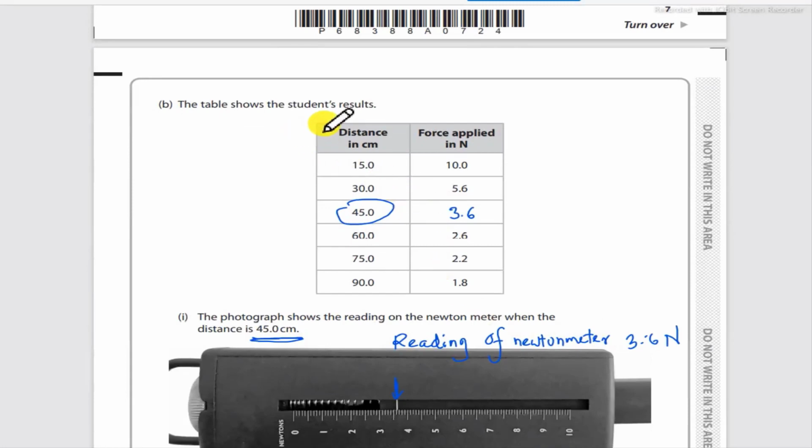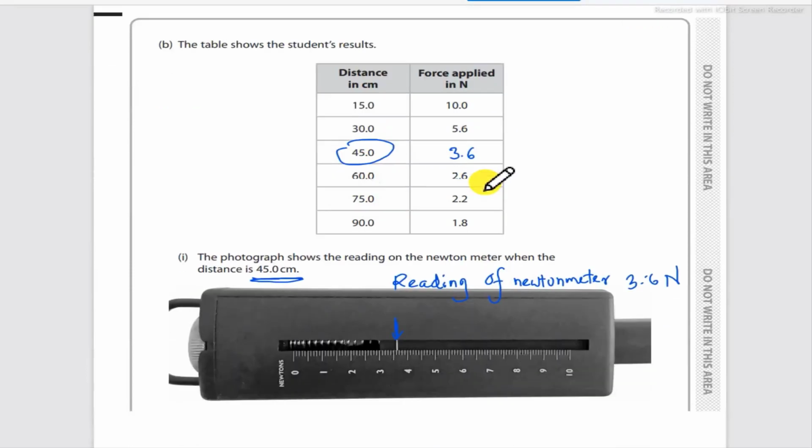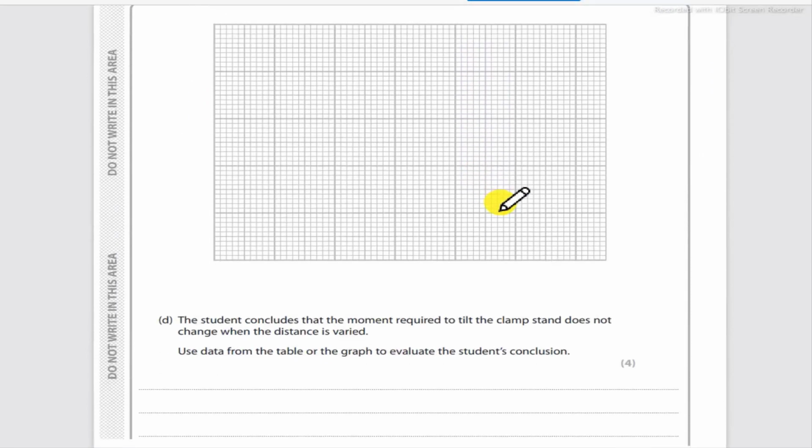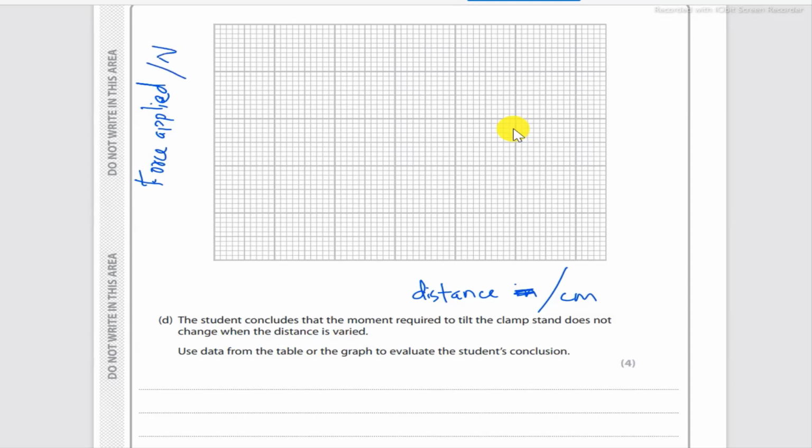On the x-axis, distance in centimeter, and on the y-axis, force applied in Newton.